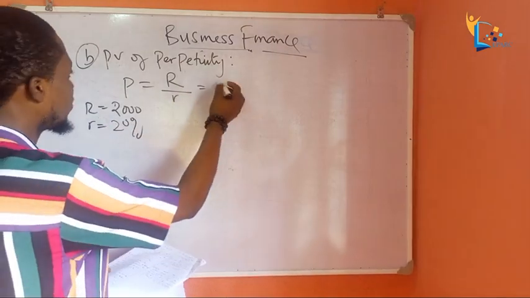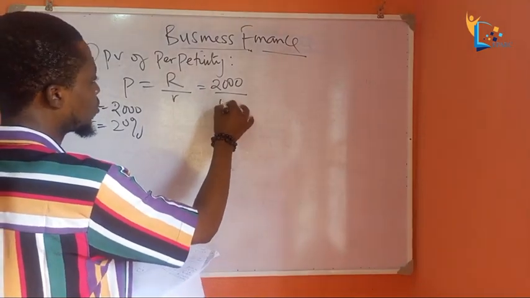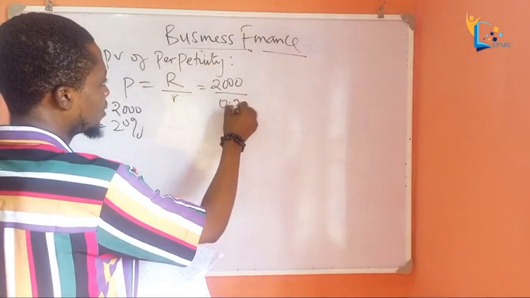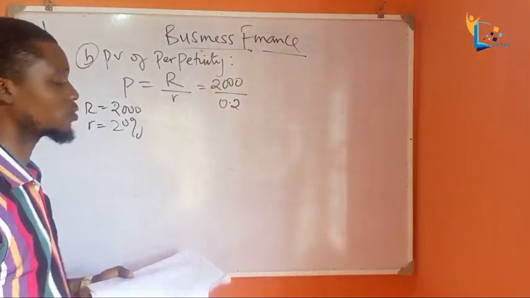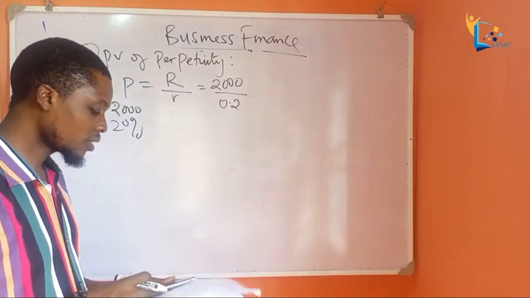So here we'll just have 2,000 divided by 20%, which is 0.2. So you just divide.